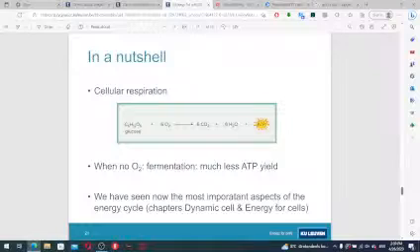Another example here is zinc. Zinc is an example of an inorganic cofactor. And in some cases, here you have the green line indicating the peptide chain. You have here some amino acid side chains. But here, a zinc ion is absolutely necessary for the activity of this enzyme. And in this case, it's an alcohol dehydrogenase.